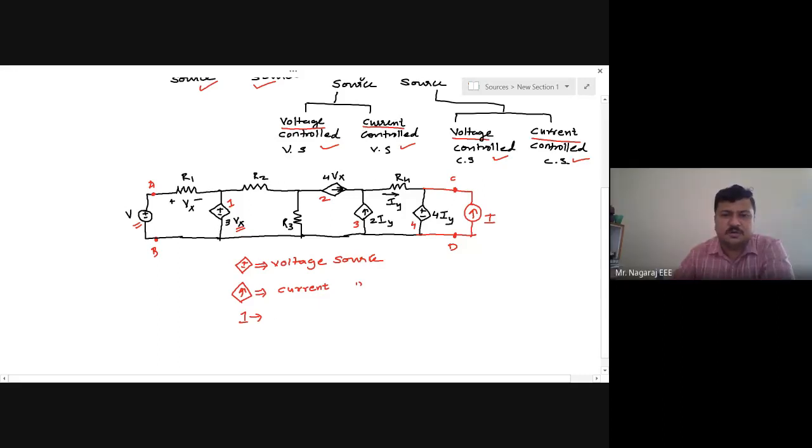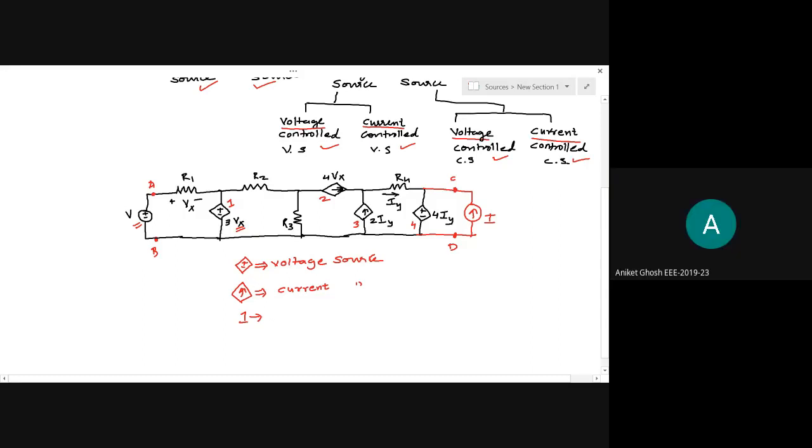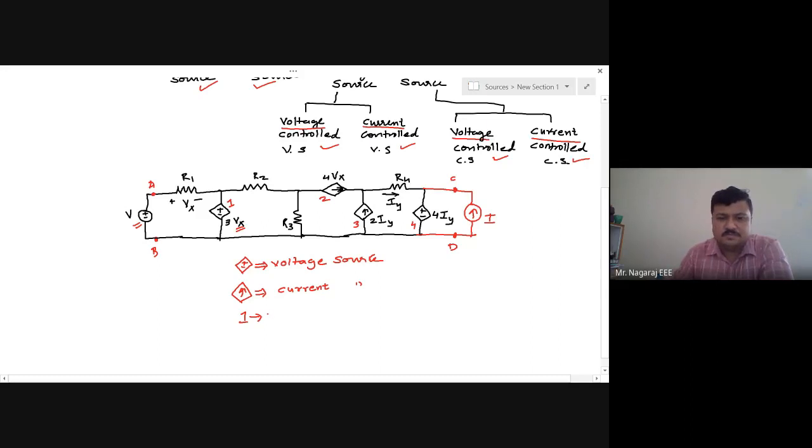Obviously dependent, because it is a rhombus. But what type of dependent? What is the controlling parameter? Voltage. Yes, it is a voltage controlled voltage source.